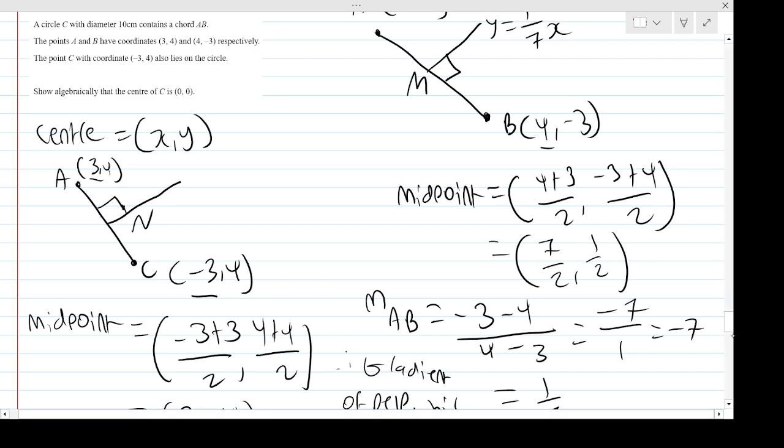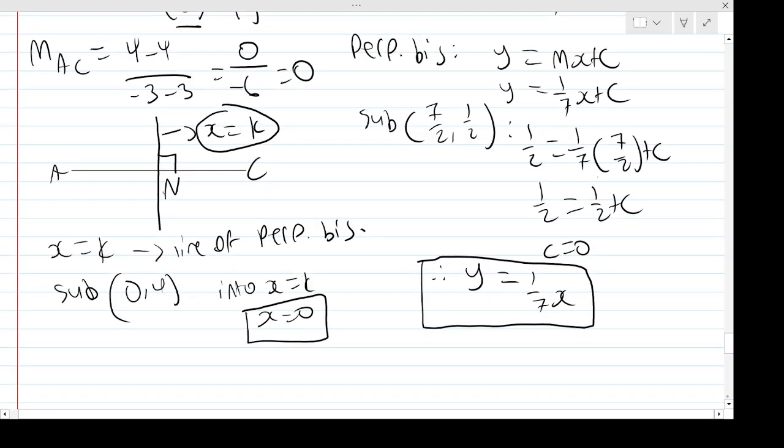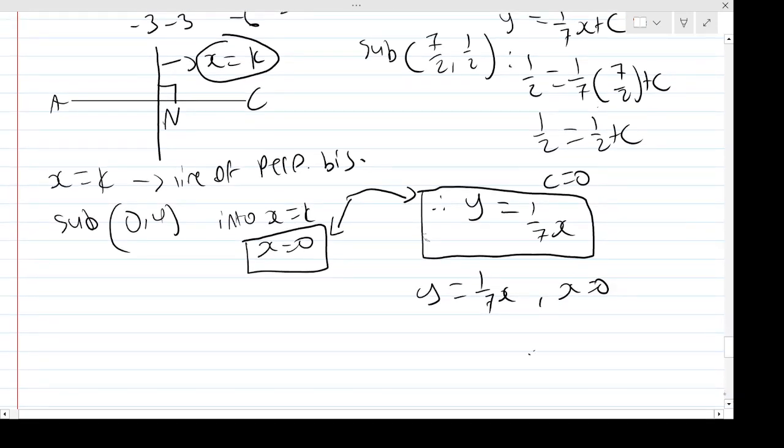That means that these two bisector equations that I've highlighted that we worked out must intersect, and their intersection must be the centre of the circle, because all bisectors must pass through the centre, which will be the same point. So then we solve them simultaneously. So y is the 7th x, but also x is 0. When x is 0, therefore y is the 7th of 0. So it's 0.